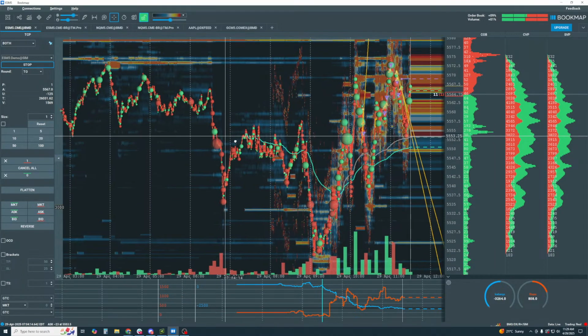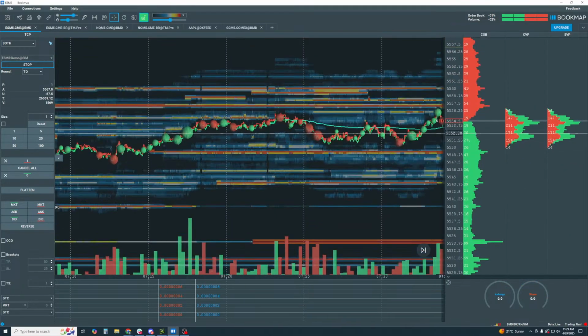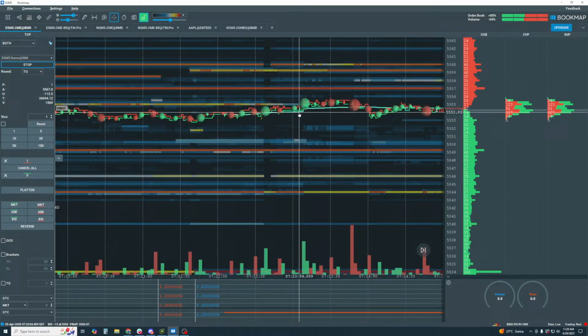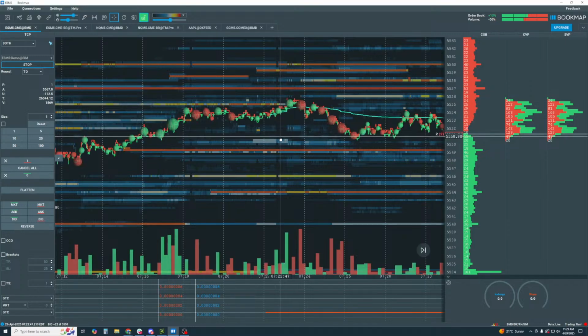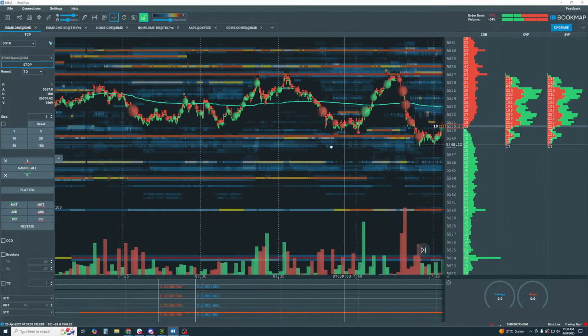This is when I started my Bookmap this morning. Select this line, and anyway, it looks like it's right around in here. And there it is. Now let's take a look though.